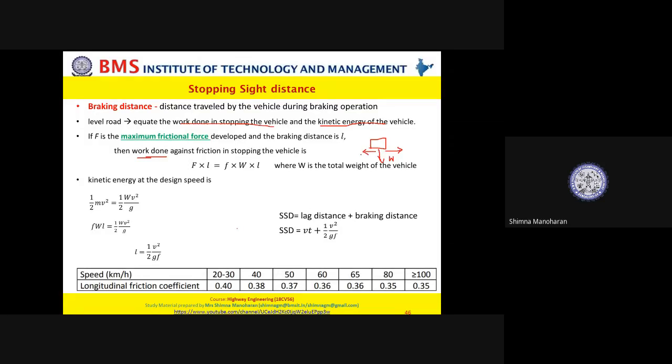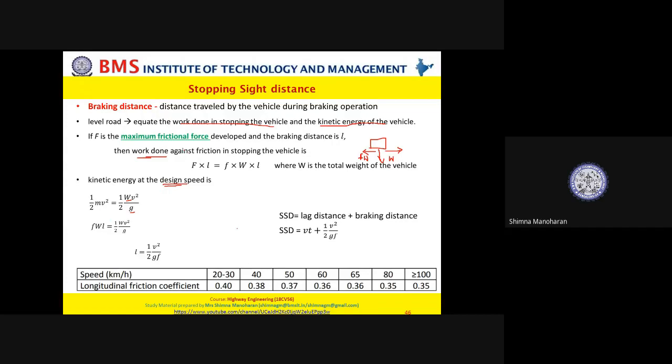So this is nothing but f into W. So here the work done is f into W into L, where W is the total weight of the vehicle. Now kinetic energy, how will you compute kinetic energy? It is half into m v square. For the design speed, we assume that the vehicle is moving at the design speed. So half into m into v square. m is nothing but weight by g, right? You know the relationship between weight and mass, right? So it is W by g into v squared by 2, that is W v squared by 2g.